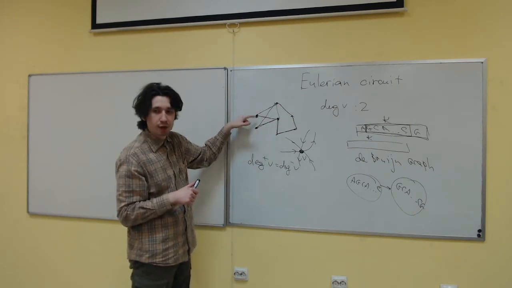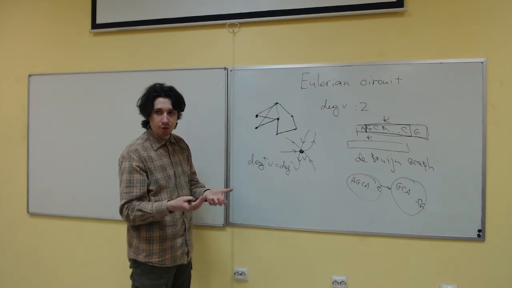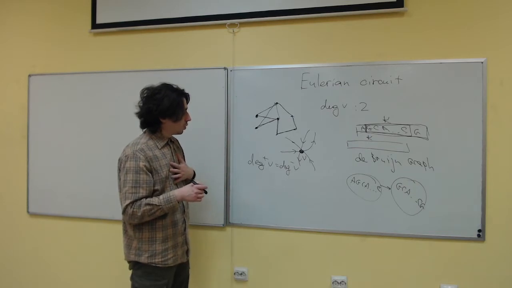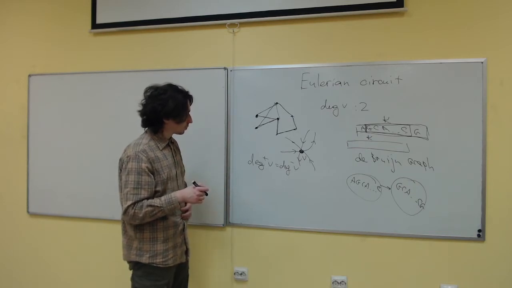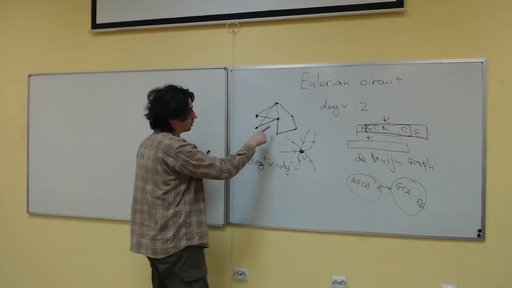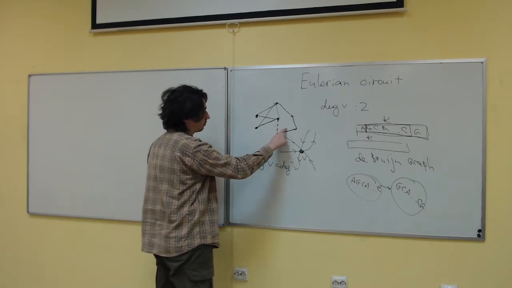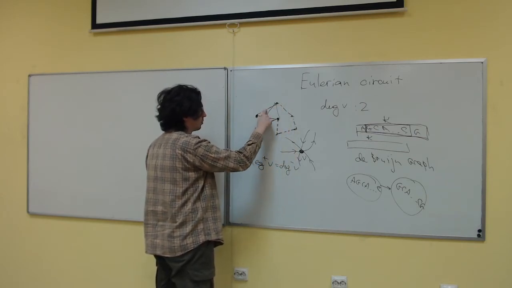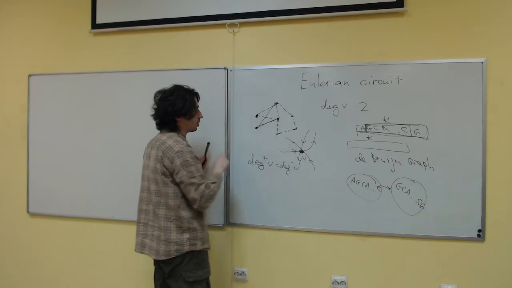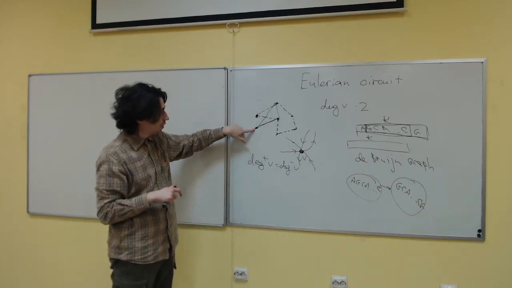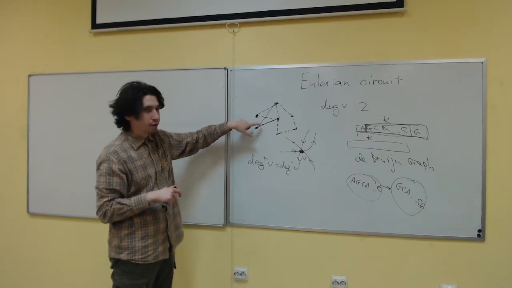But the graph that remains is still Eulerian, because if you remove these edges, the degrees are still divisible by 2.